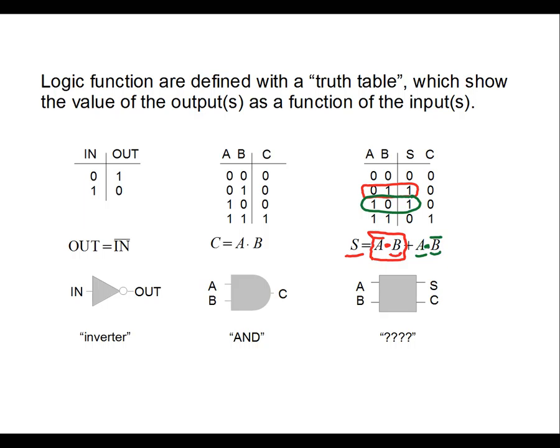And so this is 1 and 1. That's a 1. So this represents that part. And then how do we put it all together? We put it all together by saying either or. So S is going to be equal to 1 when this happens, or this happens. And so we can go through and write the Boolean equation that way.